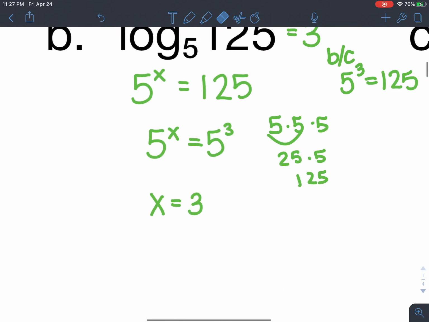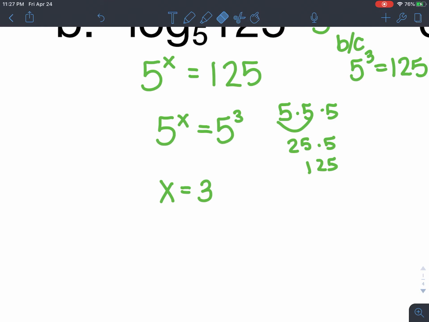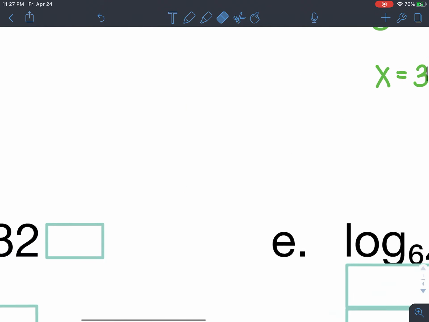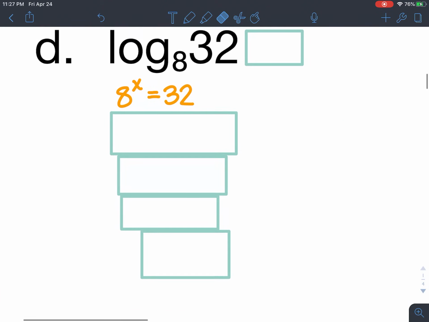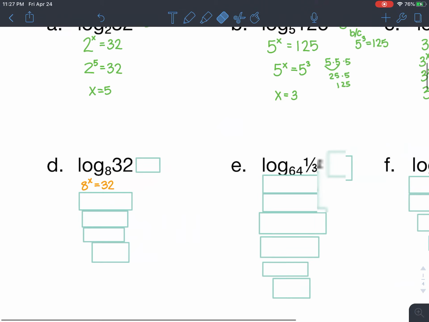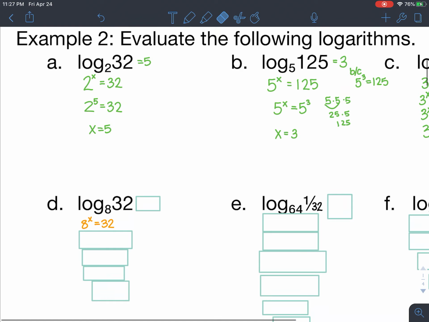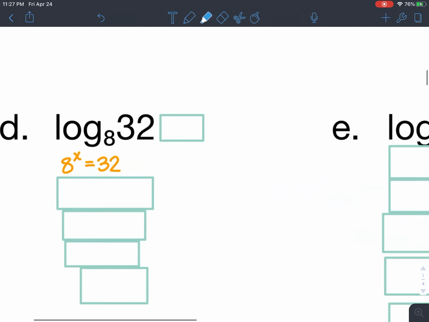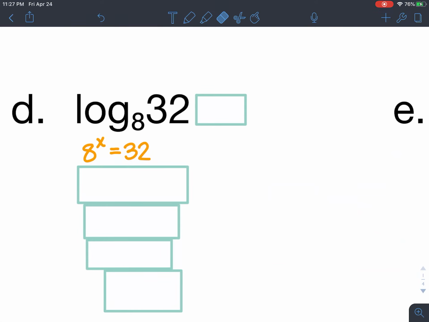On the last one, we changed 125 to 5 to the third. But the other side already said 5. Those bases matched, so that was convenient. Could I make these bases match? Well, what do we know about 32? 32, we know from up here, is 2 to the 5th. So let's try that. We're going to make 32 2 to the 5th.